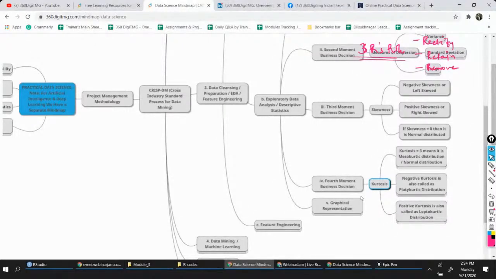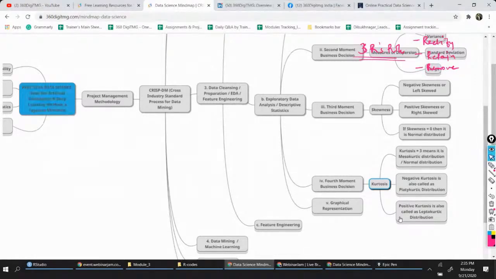Whereas, if we have a very, very wide spread, I mean the data is not close to the center, they are widely spread across the center, that means you have a high variance. If that is the case, then we get a wider peak. And here we have the terms mesokurtic, platykurtic, and leptokurtic.